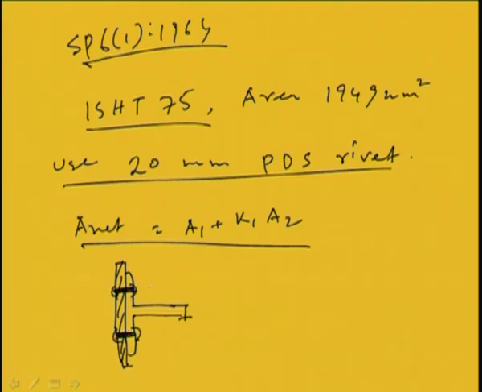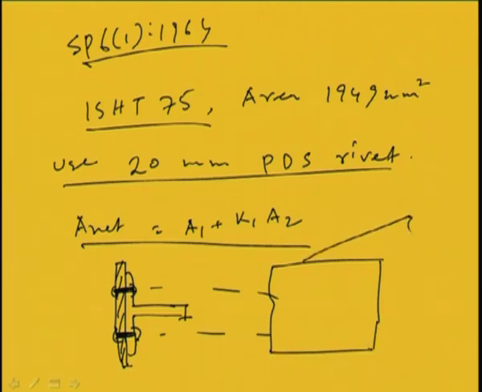So the gusset plate is like this, and there will be two rivets. If it is chain riveting, then it will look like this.